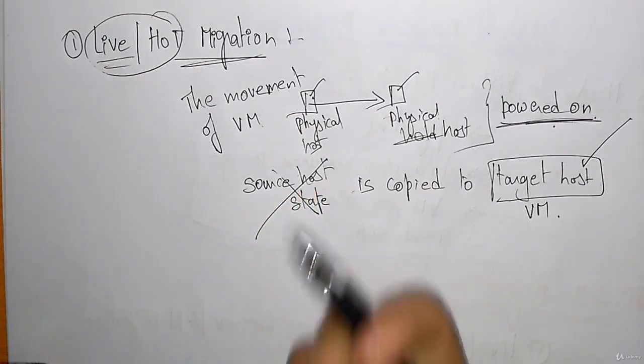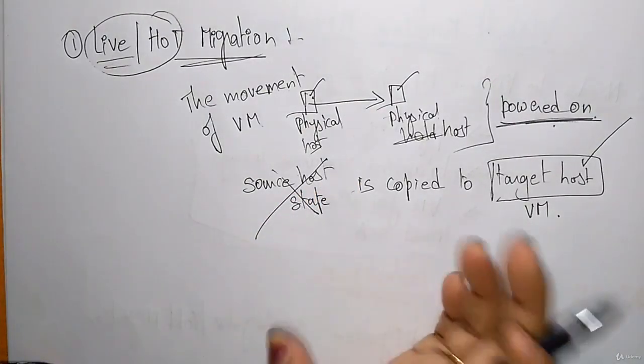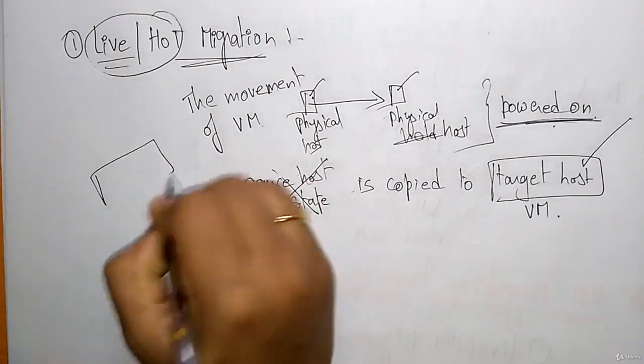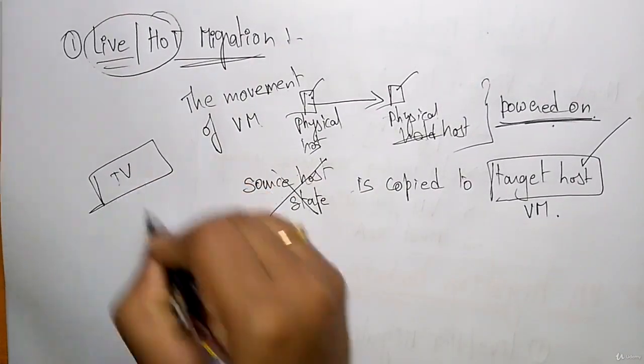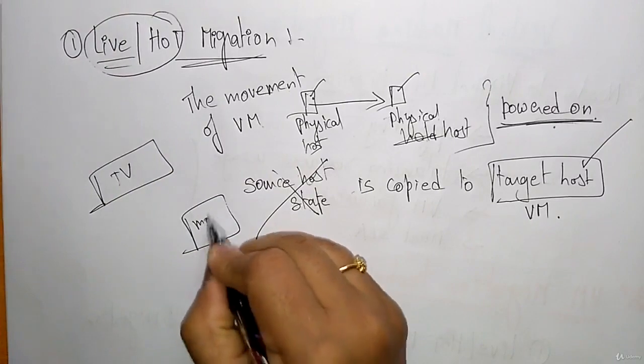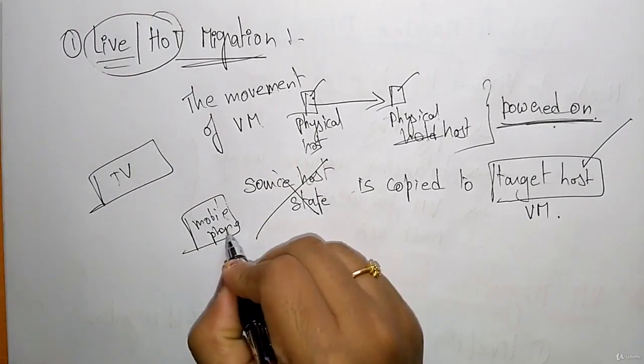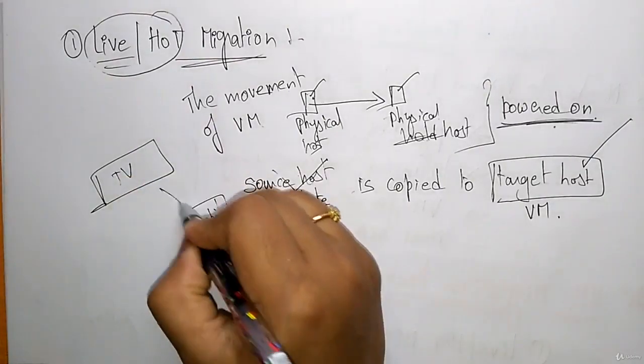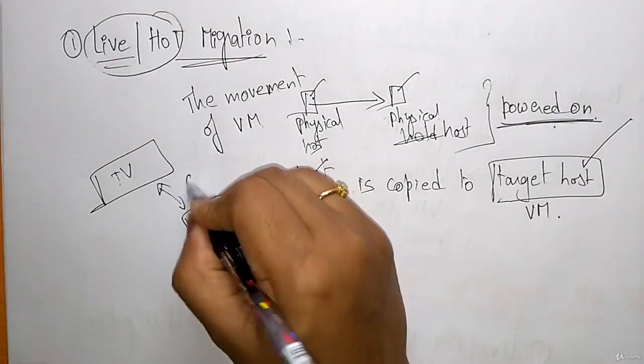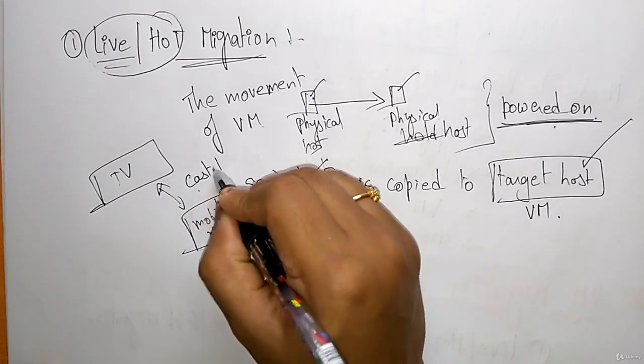Suppose you take your TV and a mobile phone. You want to see whatever is displayed on the mobile on the TV, so you connect and cast the screen.